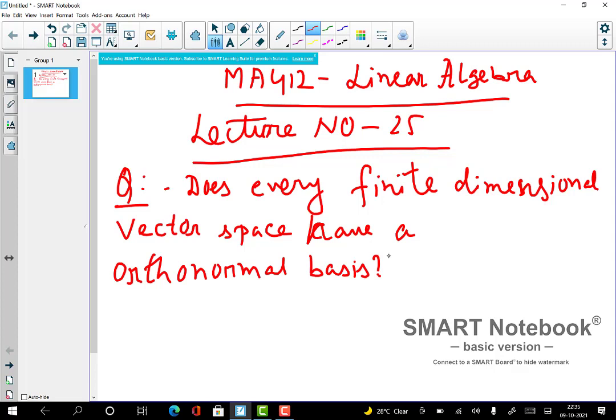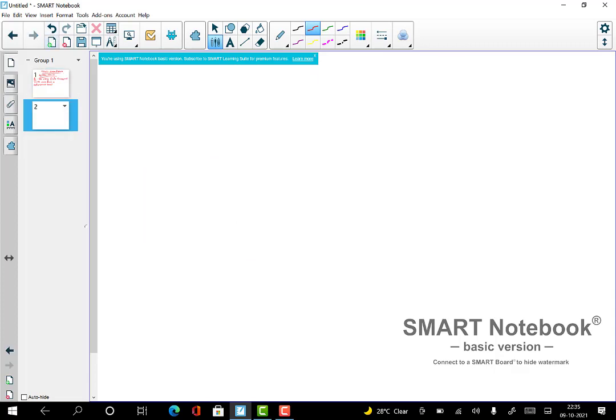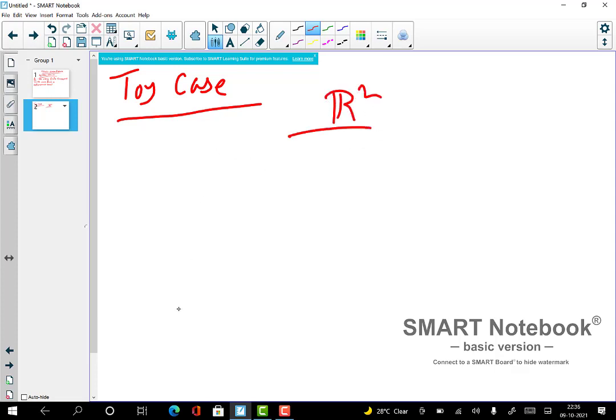And so let me just do a toy case, try to understand that, and then we will go for the general case. Okay, so suppose we have a two-dimensional vector space, for example R2, and this is my R2 plane, and I have say two vectors, this and for example this.